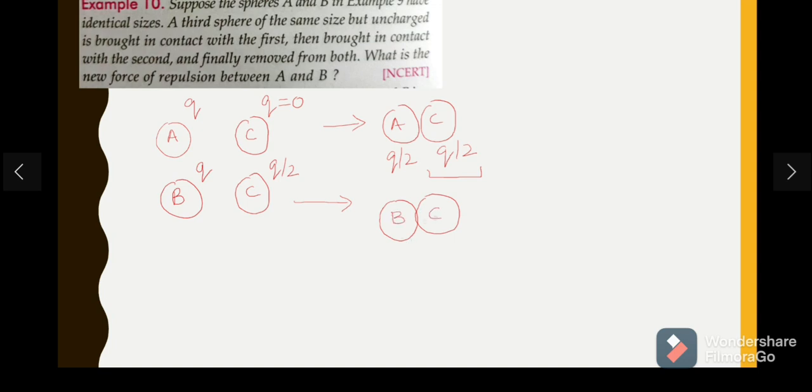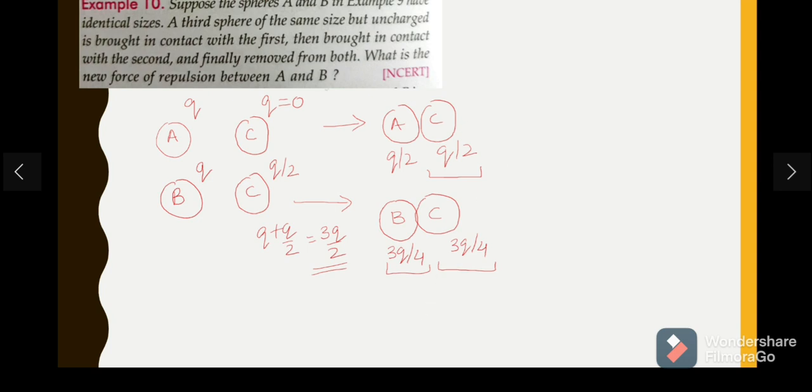So in this case Q plus Q by 2, the total charge here becomes 3Q by 2. Okay. So now half of this, that is 3Q by 4, will be taken up by B and 3Q by 4 will be taken up by C. So again a redistribution has taken place.